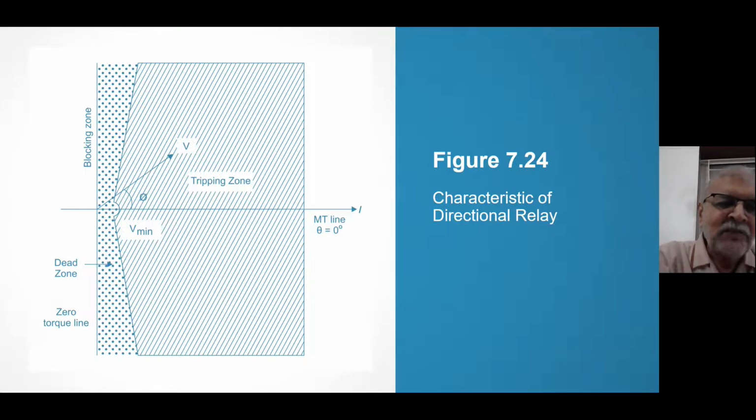Not only at 0 degrees, but at all angles some minimum voltage is required. At 90 degrees torque is 0, but at 89 degrees torque is so low that I require a very high voltage. At 88 degrees also I require a very high voltage.